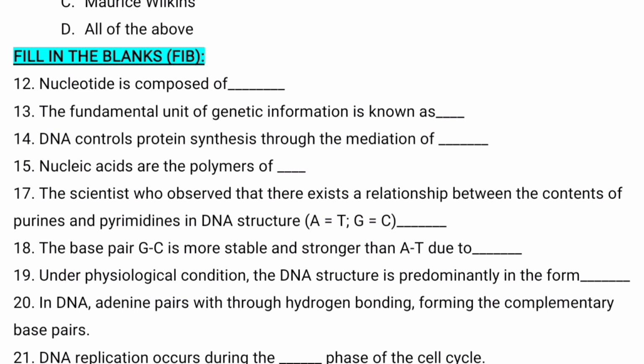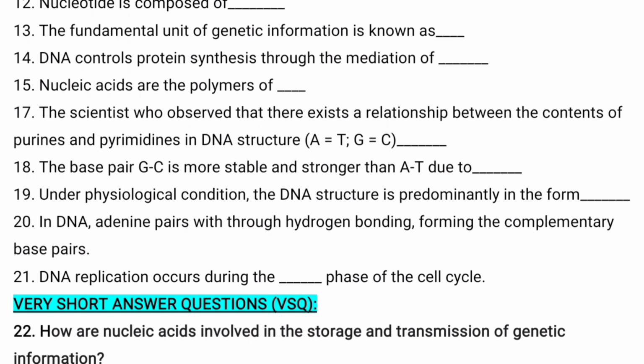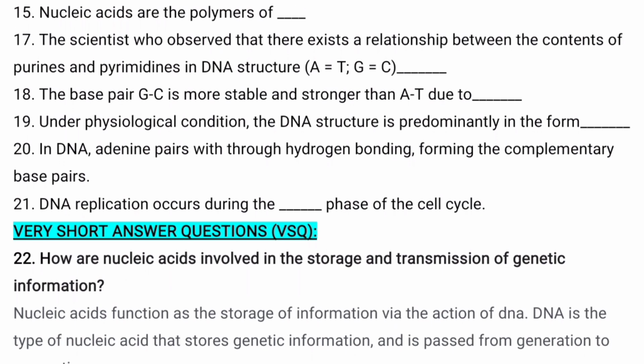The scientist who observed that there exists a relationship between the contents of purines and pyrimidines in DNA structure, so answer is Erwin Chargaff. Under physiological condition, the DNA structure is predominantly in the form. Under normal physiological condition actually, so answer is B form.